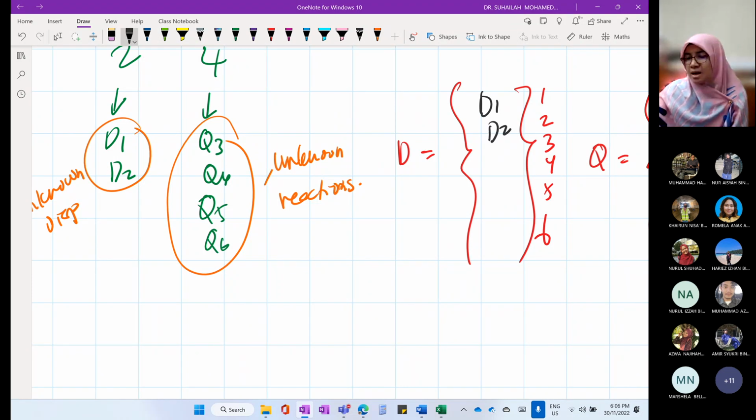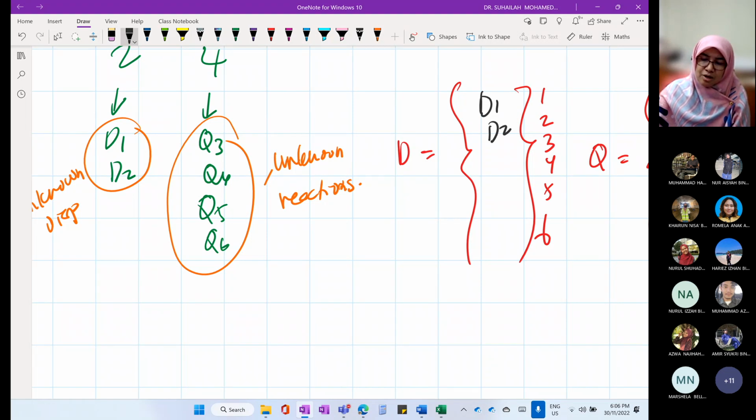These two are the output. These two are our objective, our goal when we analyze a structure using the stiffness method. So D1, D2 belong to unconstrained. Remember position 3, position 4, position 5, position 6.